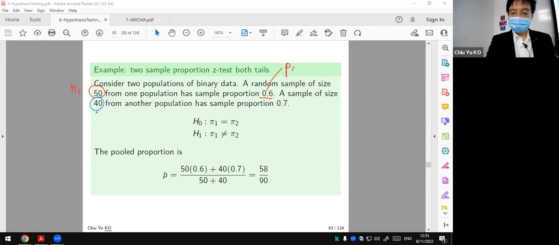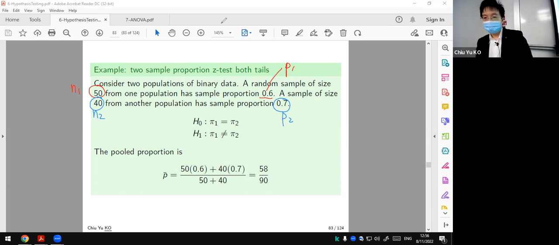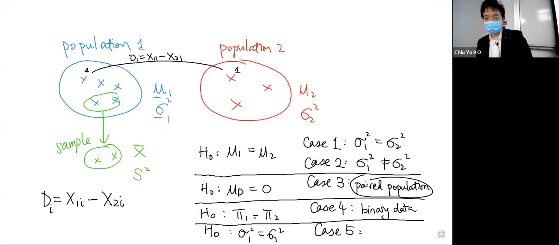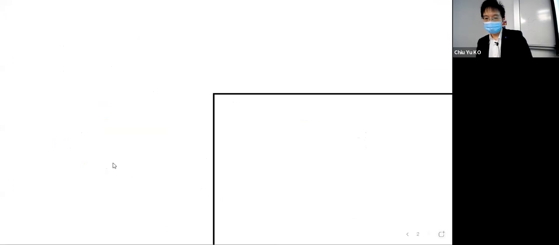We have N2, which is 40, and P2 is 0.7. Maybe I open a whiteboard. Let me write down this question first: N1 is 50, N2 is 40, P1 is 0.6, and P2 is 0.7.